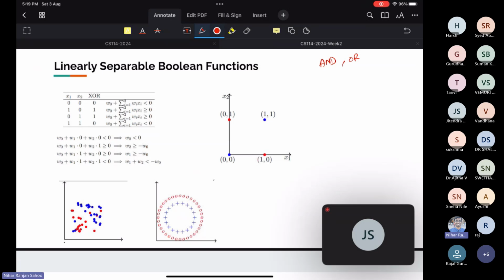If we have two inputs, x1 and x2, the output can be represented by y. What will be the output for different values of x1, x2? Because these are Boolean in nature, each can take either 0 or 1. So the possible values are 0,0; 0,1; 1,0; 1,1.